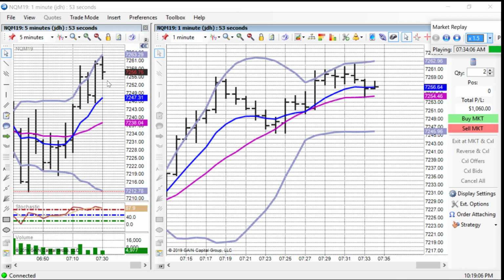So if it were to break below this low, that's a good signal to get short. And I'm going to look for a corresponding formation on the 1-minute chart, like a crossover or a 1, 2, 3 high.